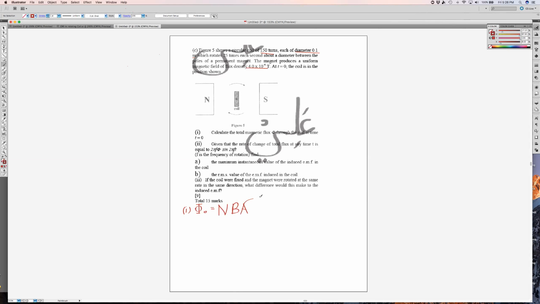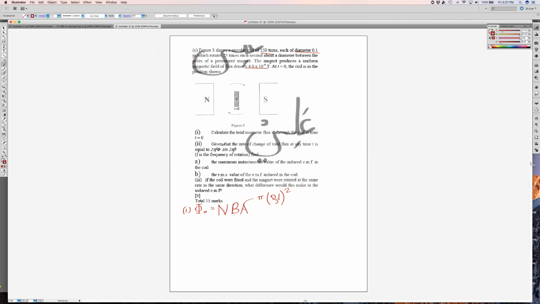A is pi by 0.1 over 2. That will give us a radius, but we have to square this. All right, so we have NBA, a straightforward calculation.